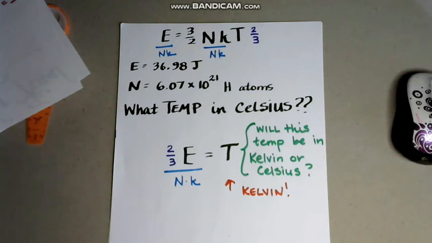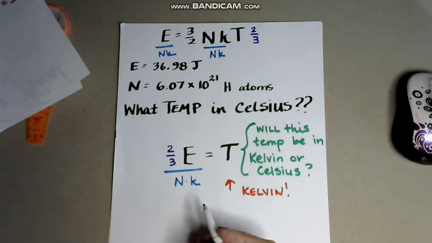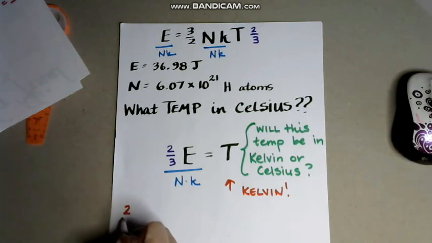Let's solve this problem together. Please get your calculator out. You will need your calculator to solve this. I'd like you to start calculating right now. Pause the video. Now I will set everything up.